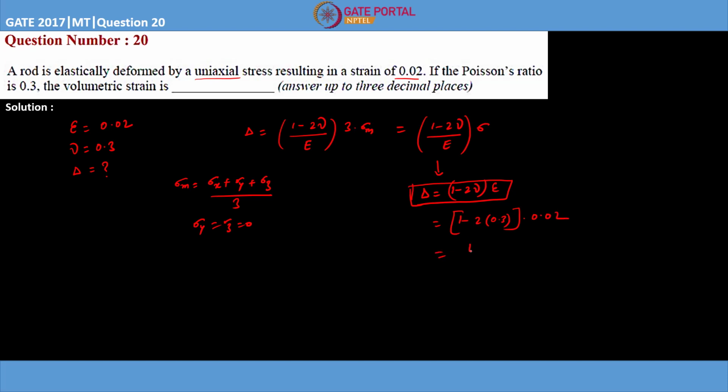So it will give us (1 minus 0.6) into 0.02. So 0.4 into 0.02 will give us 0.008, right? So the value of volumetric strain is equal to 0.008. So this is the correct answer.